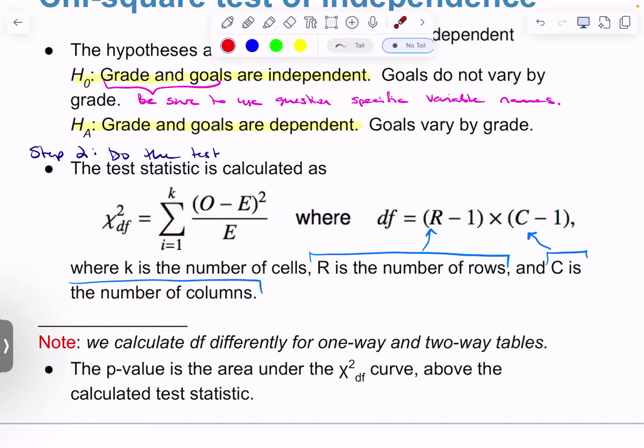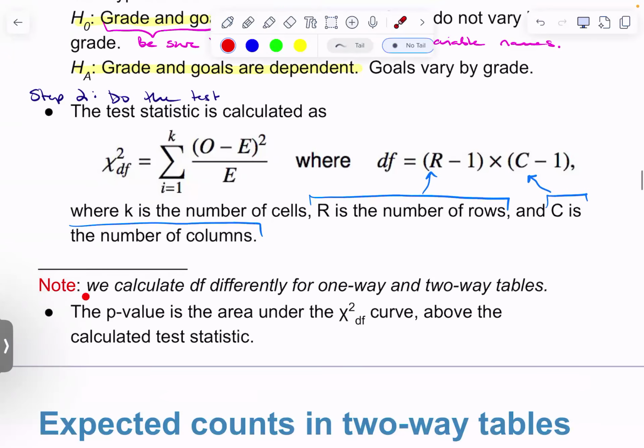So the number of cells. As you've noticed, there's a note here, we do calculate the degrees of freedom differently for one-way or two-way tables.